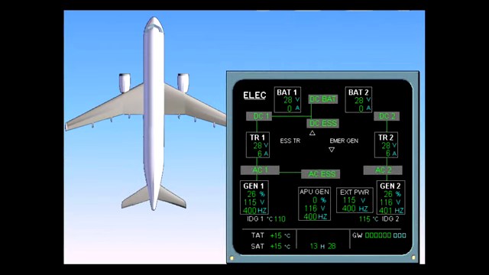You can also notice that the different connections are displayed via green lines.